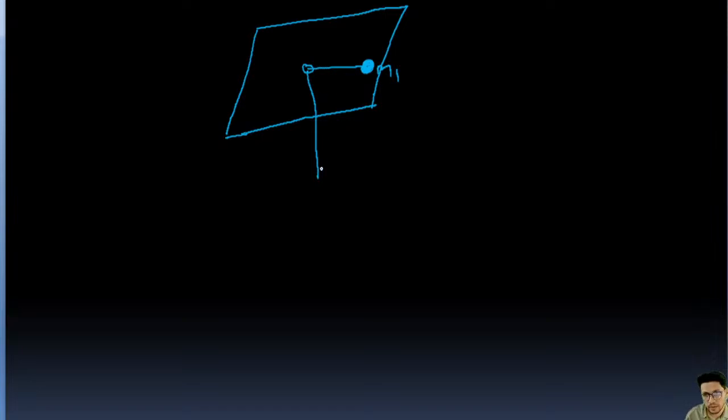This is mass M2, G is downward, and this particle is moving in a circular path.